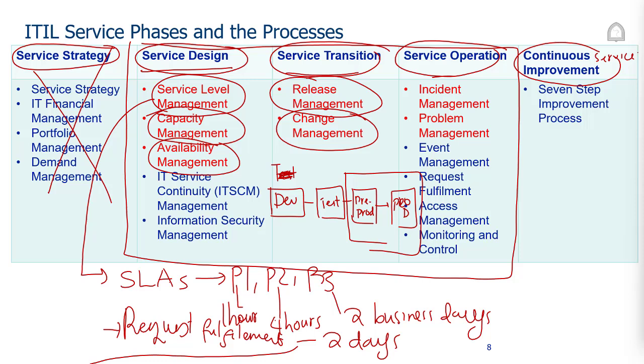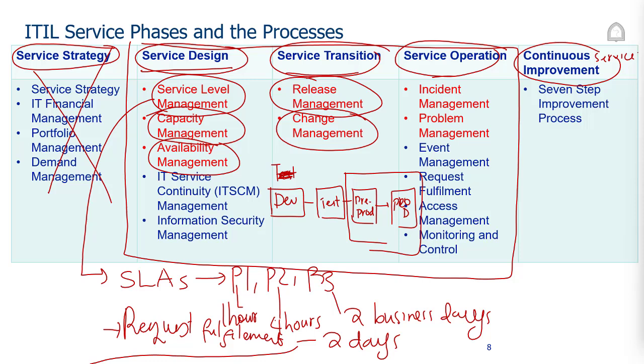Request fulfillment is things like, for example, a new person comes in, they need an account to be created for them. We don't raise account creation as an incident because it is not an incident, okay? Account creation is a request, for example, a request fulfillment. We are requesting for an account for a new employee or a new student to be created.